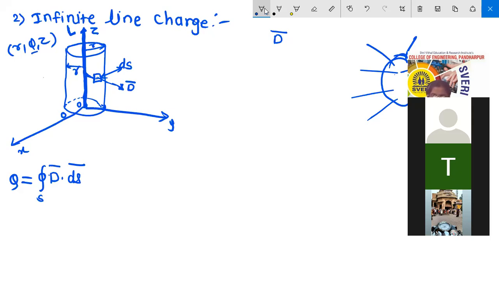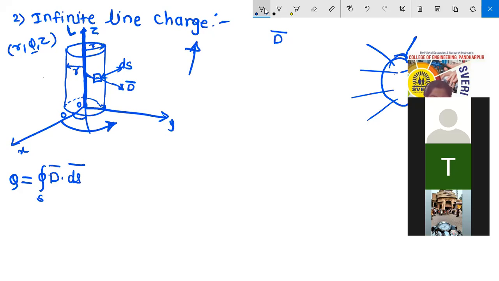Just don't draw this, it is only for your understanding. For phi we are going in this direction, for z we are going in this direction. Is our D in either of these directions, phi or z? No. Our D is in the R direction. Remember that.